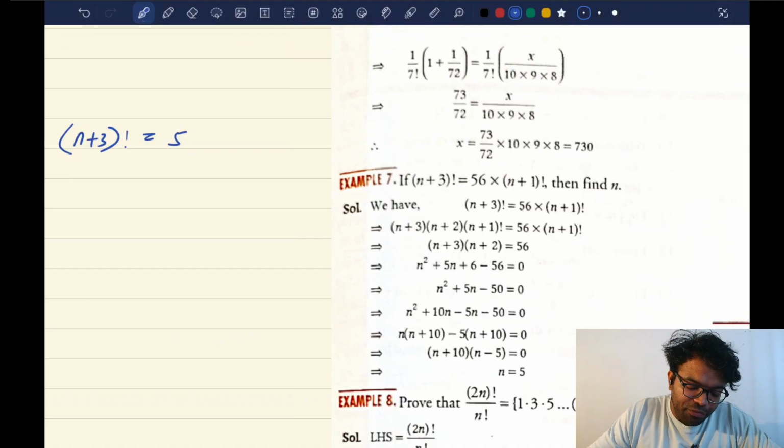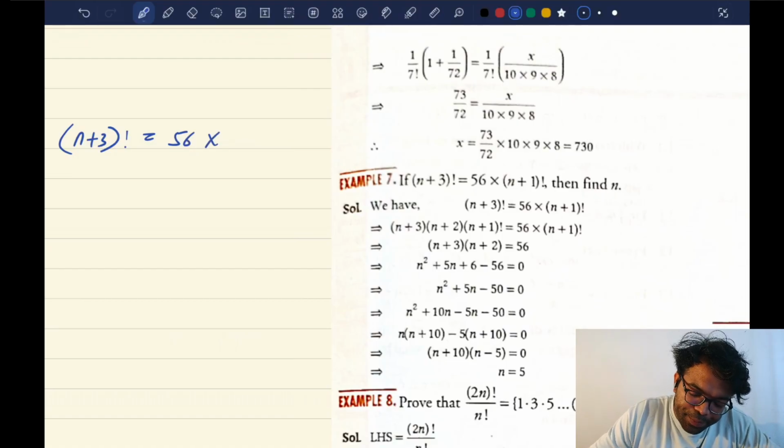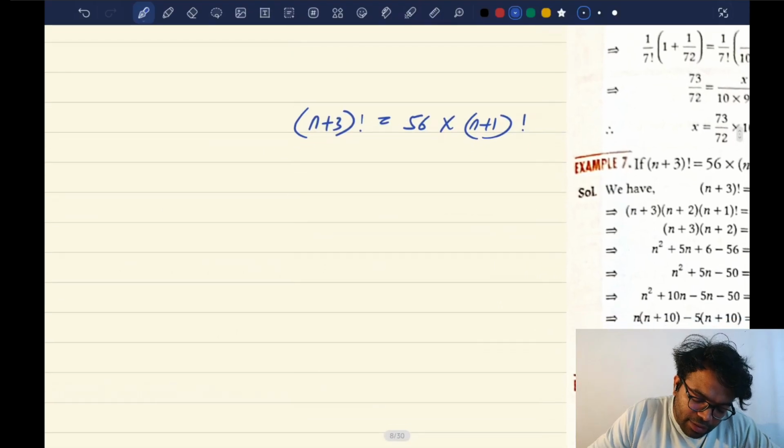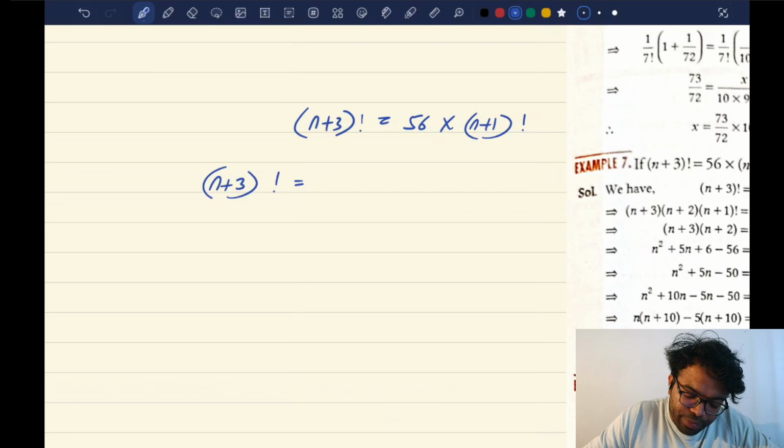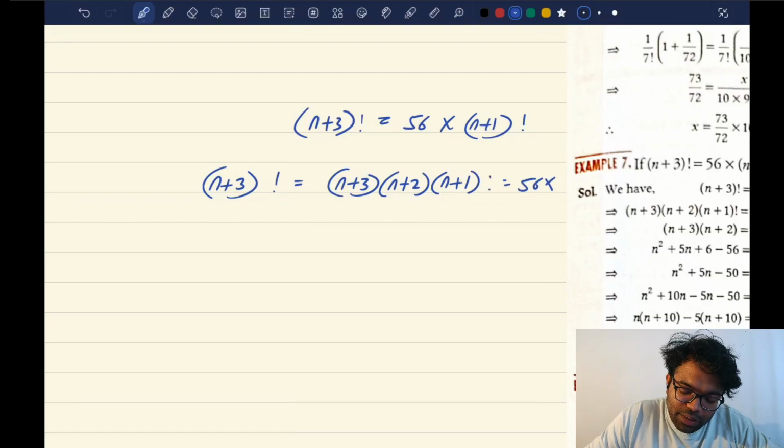So n plus 3 factorial is equal to 56 multiplied by n plus 1 factorial. Then find the value of n. So this is n plus 3 factorial, right? n plus 3 factorial can be written as n plus 3 into n plus 2 into n plus 1 factorial, is equal to 56 multiplied by n plus 1 factorial.